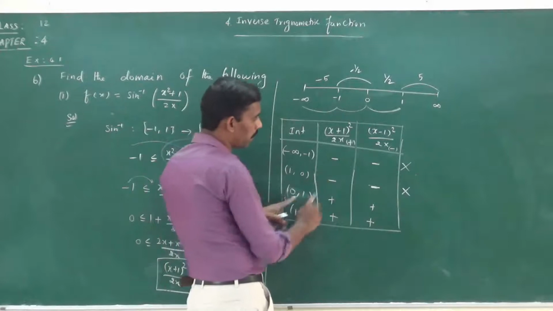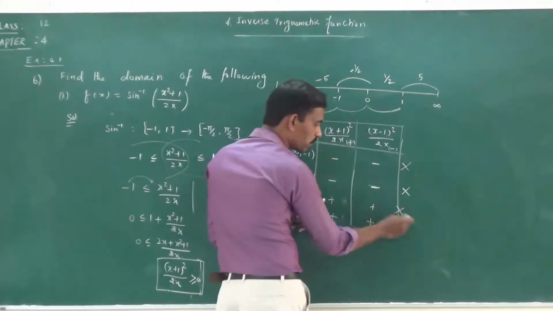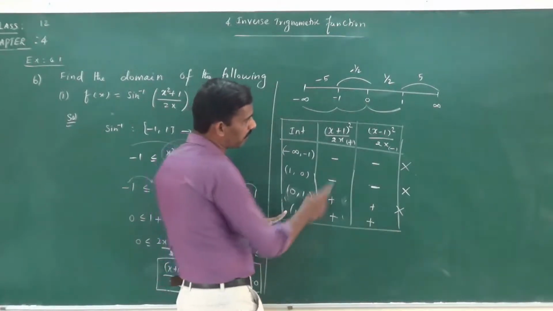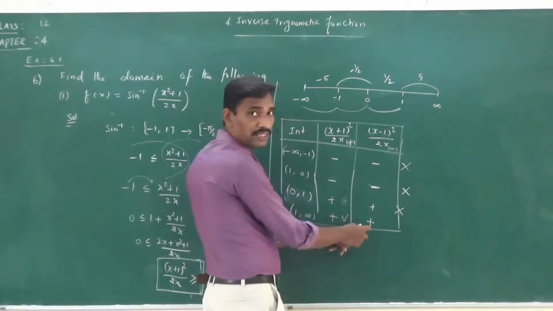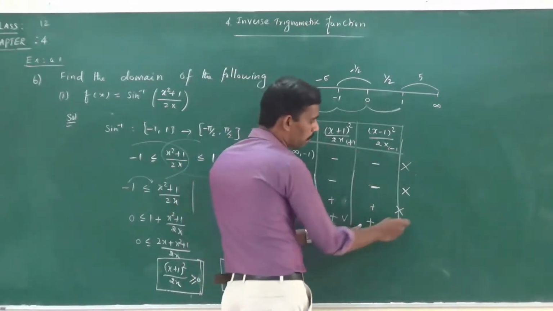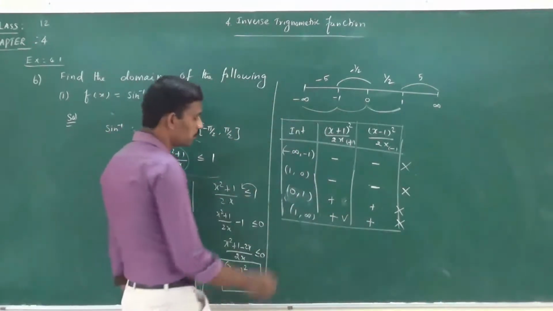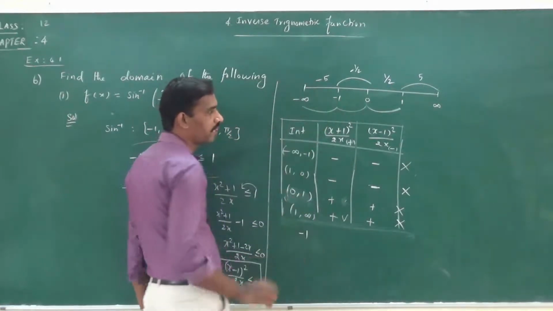For 0 to 1, the first is positive, okay, but the second needs to be negative, so this is also not possible. For 1 to infinity, the first is positive, okay, but the second needs to be negative, but here it is positive. So these intervals are not applicable. Just take the value only one, that is minus 1 only.